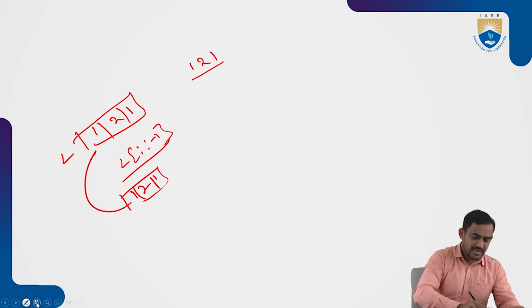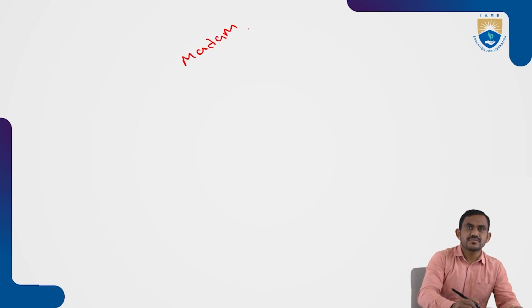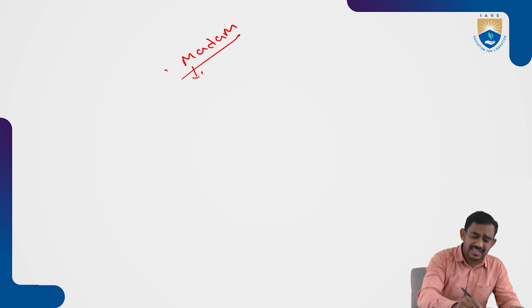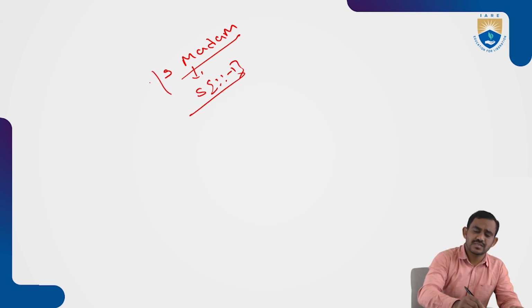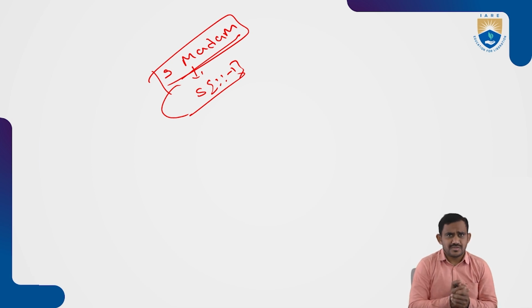If suppose in a string we have madam, this is your string. Again in a string also we can go for the same logic. This is your string of colon minus 1. String of colon minus 1 will give the true or false.